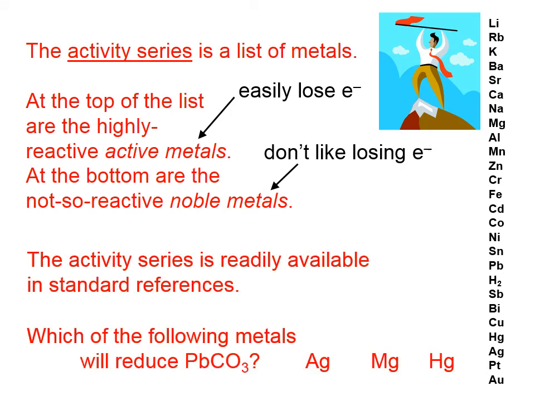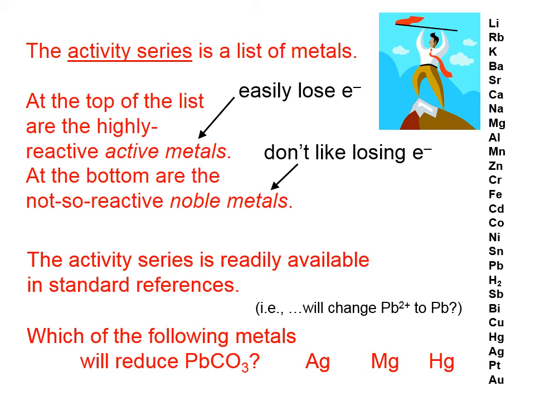Let's try an example. Which of the following metals will reduce PbCO3? Now, what do we mean by reduce? Well, reduction is gain of electrons. So what we need to happen is we need for this Pb2 plus ion, which is what we have in this compound, to be reduced to Pb.